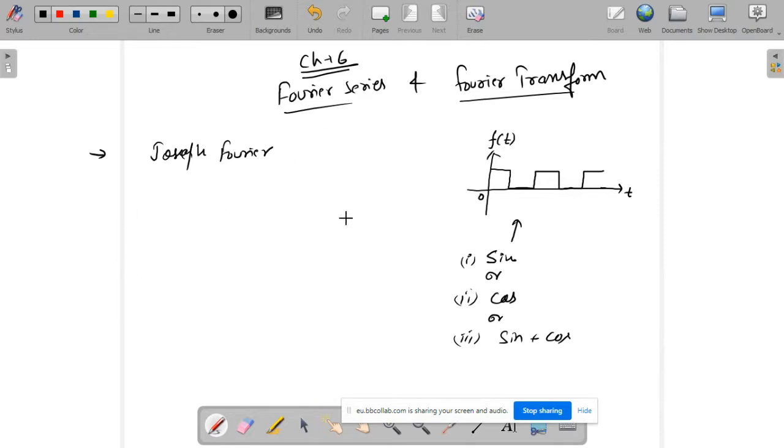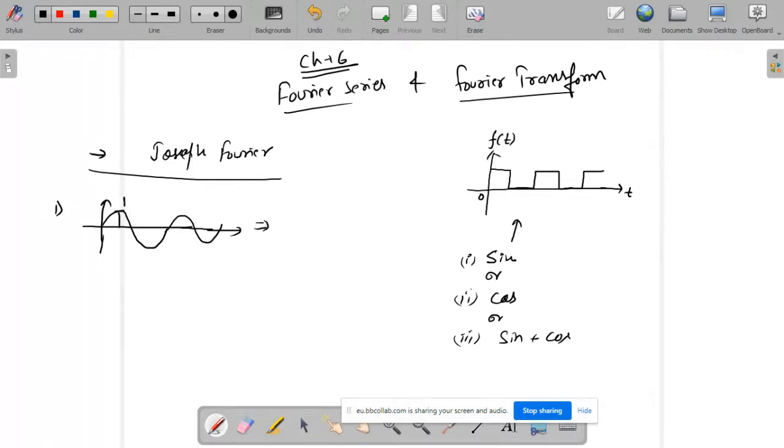Now see, first of all, we will see the equation later on, but from the division point of view, I want to tell you how to write the equation. You must know how to write the equation. This is a sine signal.